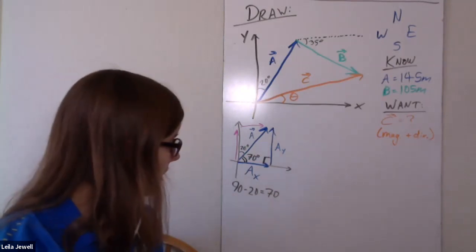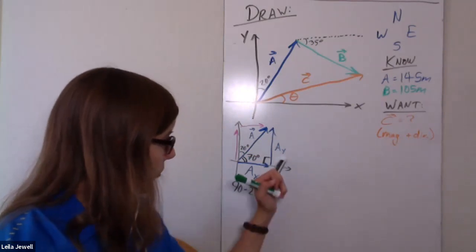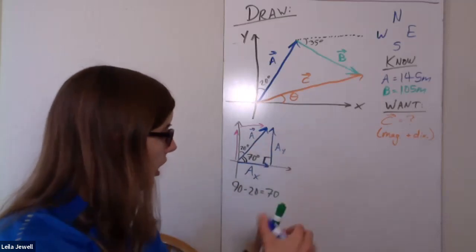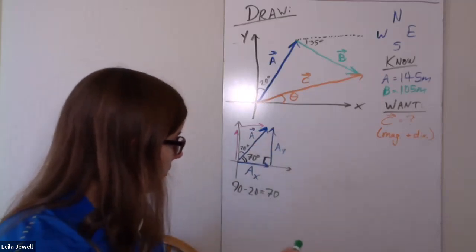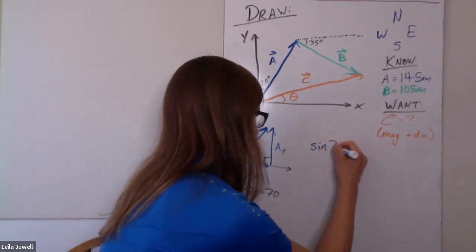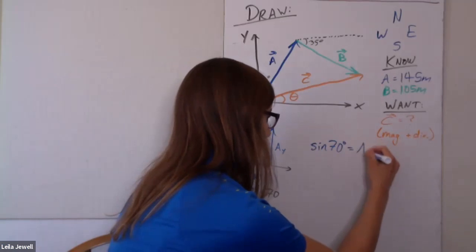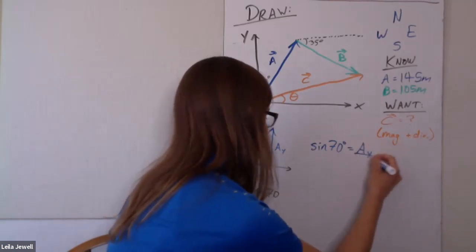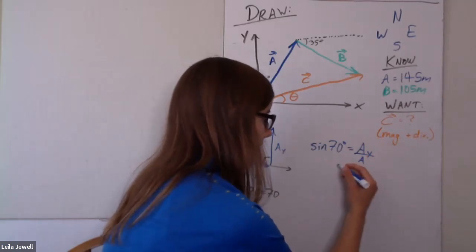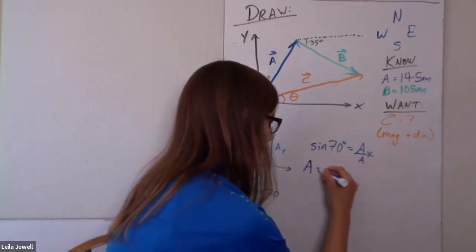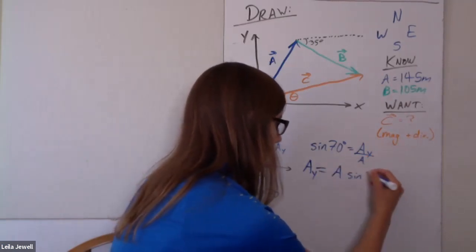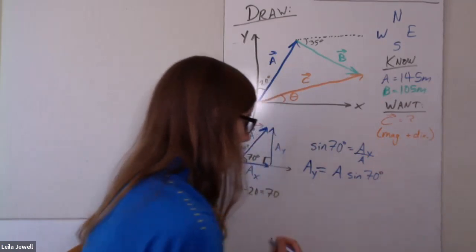All right, so working with the 70 just to keep our equations consistent, we can solve for our X and Y components here. The Y component will come from using the opposite, which is sine. So sine of 70 degrees is equal to A sub Y divided by the hypotenuse A, or in other words, A sub Y is equal to A times sine of 70 degrees.